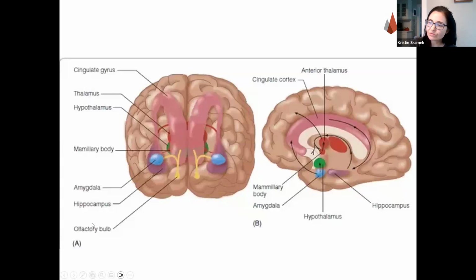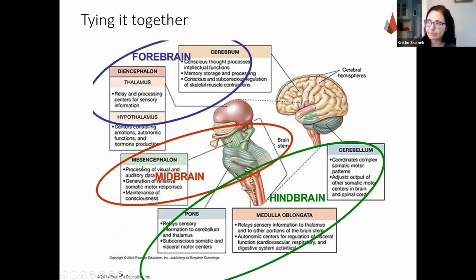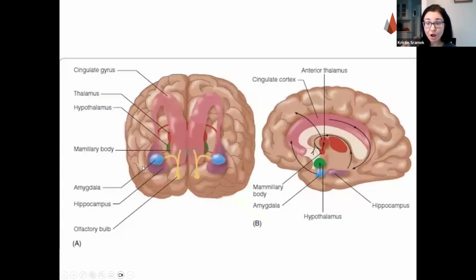And then you can see the olfactory bulb that's connected right to that cingulate gyrus and directly to the amygdala, which are both connected to the hippocampus and responsible for not just the formation of long-term memories, but for pulling out or recalling memories. And then underneath this, you can see in the back, we would have the thalamus and the hypothalamus, and that's what's sitting on top of the brainstem.